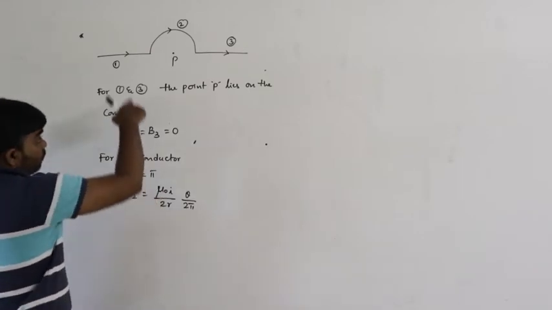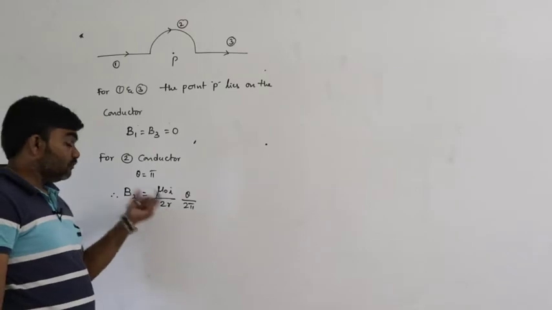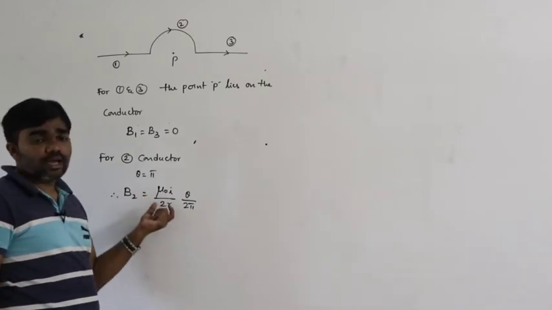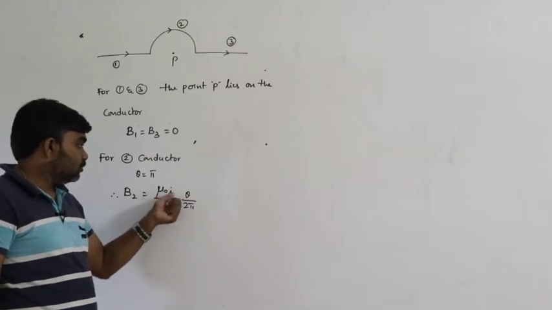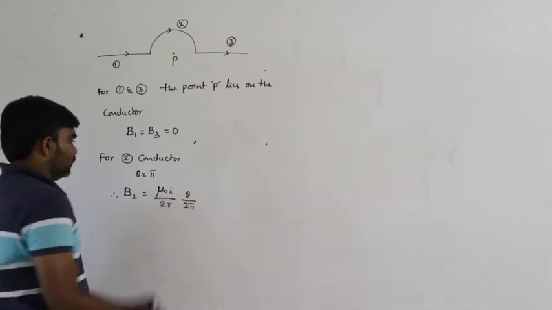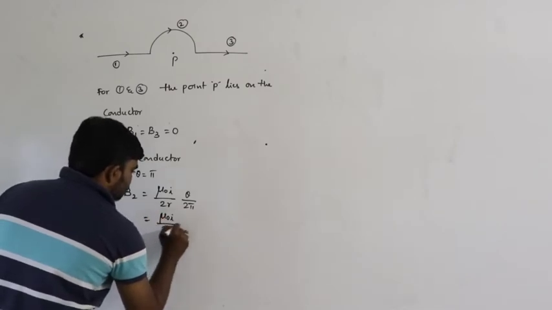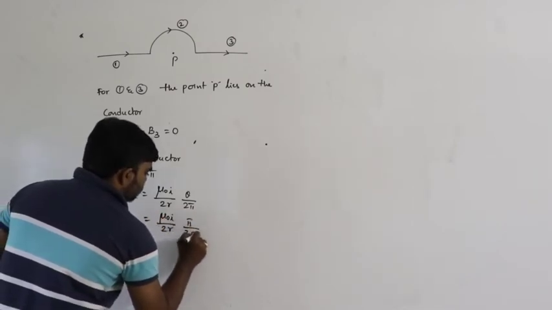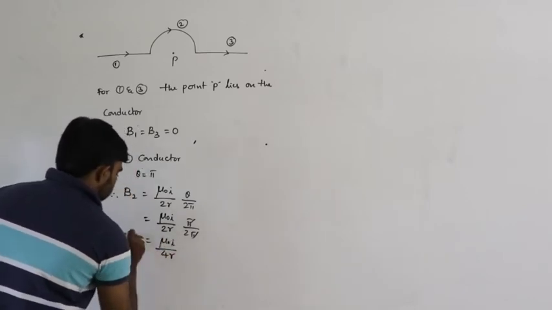For any shaped conductor that subtends an angle theta at the center, the magnetic field formula is mu naught I by 2r into theta by 2 pi. Here theta is pi, so mu naught I by 2r, pi divided by 2 pi. Pi gets cancelled. So that is mu naught I by 4r.